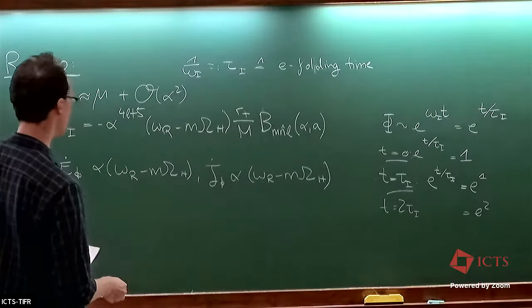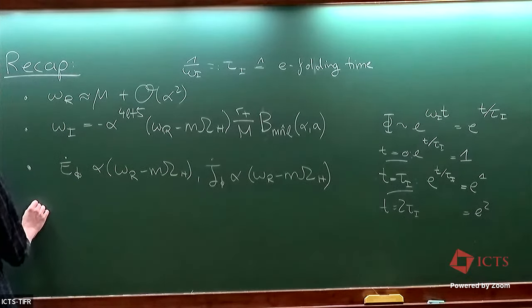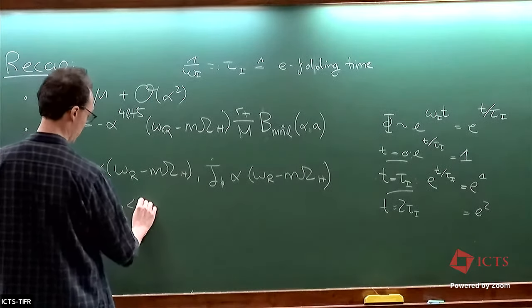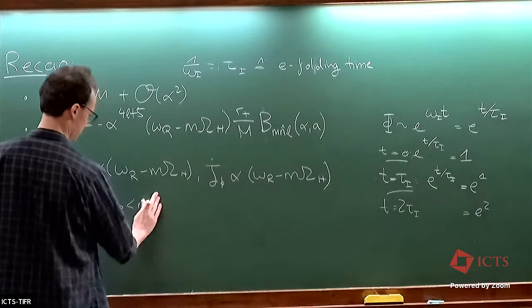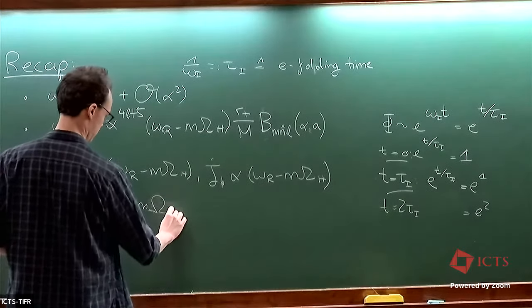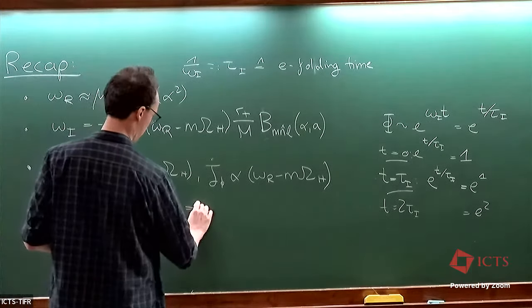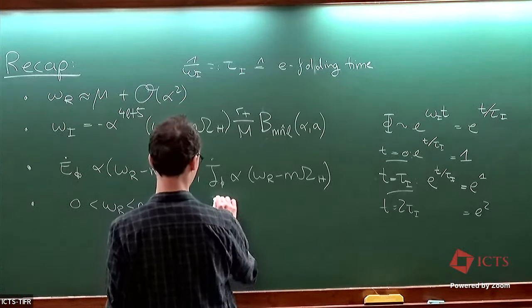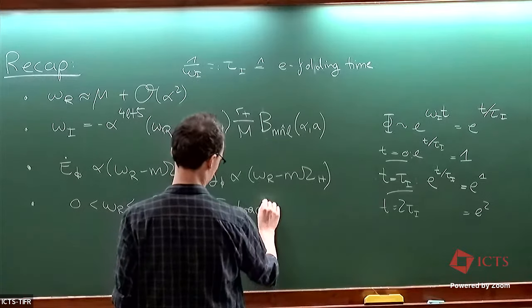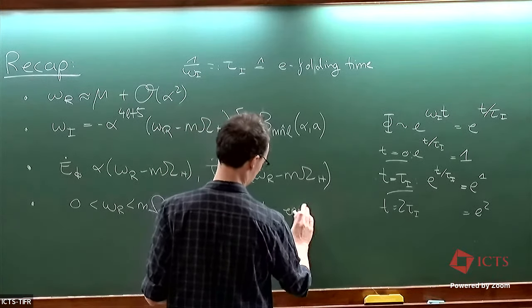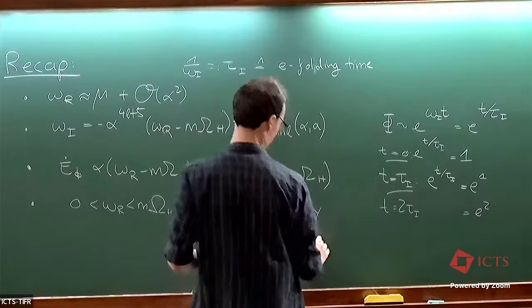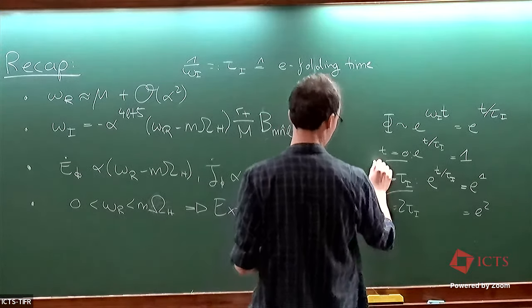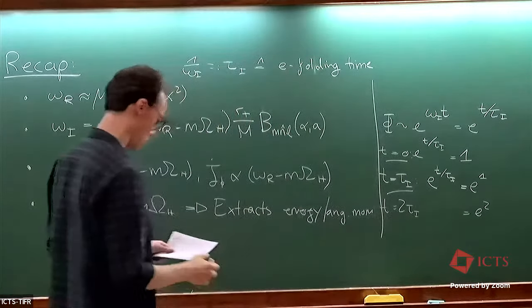And so basically what this means is that whenever the real part of the frequency satisfies the superradiance condition, which is this condition, then the scalar field extracts energy and angular momentum from the black hole.